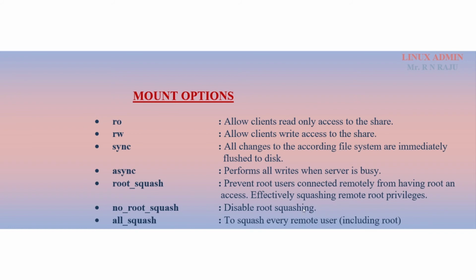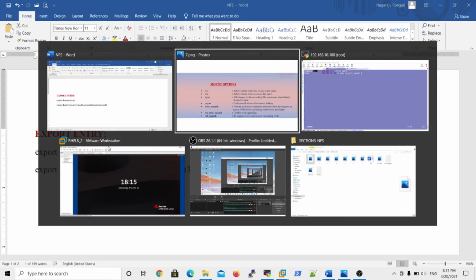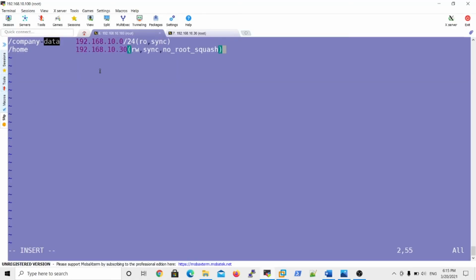It means the remote users can access these resources with root privileges. That is the meaning: the remote users can access this NFS server with root privileges. So now my 10.30 machine can access this home directory with root privileges. Now enter, save and quit, and try to run the command on the server side.